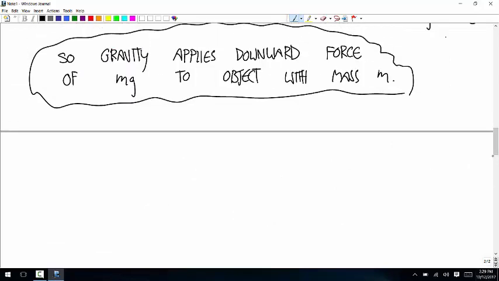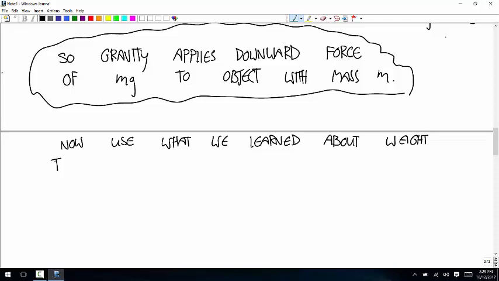Okay, so now we're going to use what we learned about the weight to calculate another force.